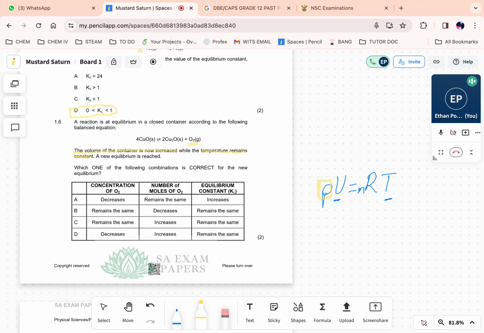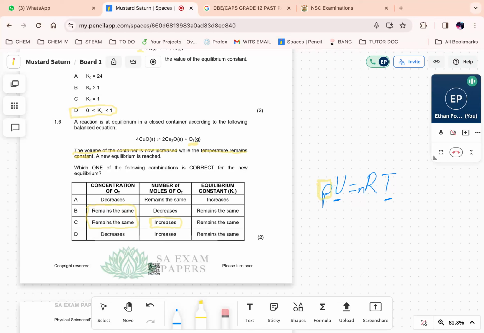So the equilibrium would shift in order to release more oxygen. But because the temperature remains constant, the concentration of O2 would stay the same. So we know that the concentration of O2 stays the same. But of course, we're releasing more oxygen. So although the concentration is the same, there's definitely more moles. So the moles increase.